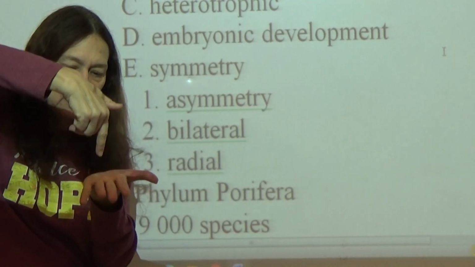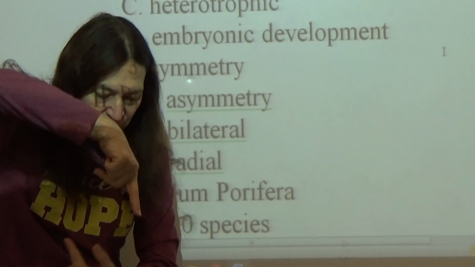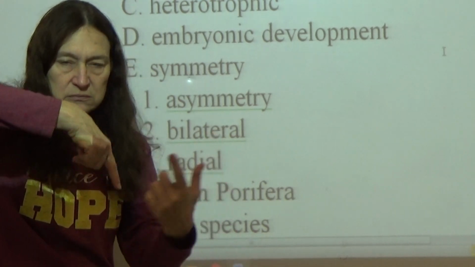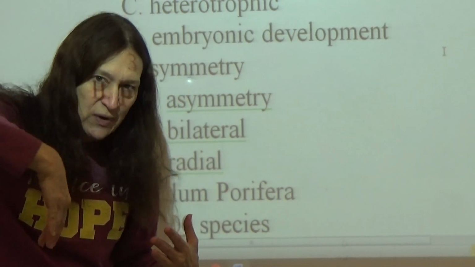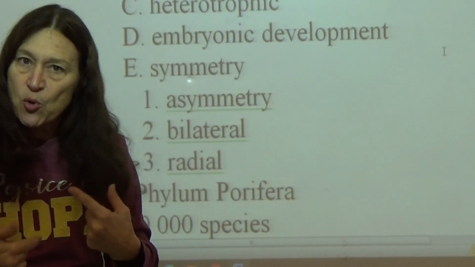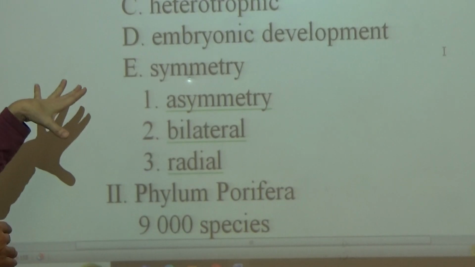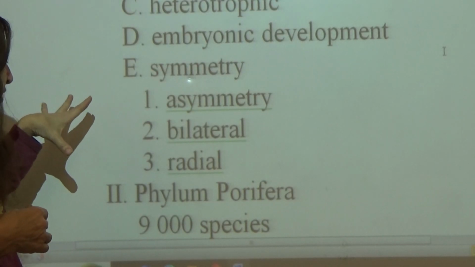If you stick a pole through the center and you look down on it, it's all similar. That's radial symmetry. It's kind of around a central point. Okay, so those are the main characteristics of the Animalia.